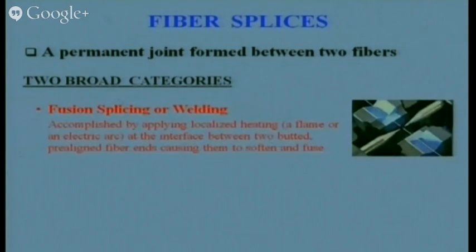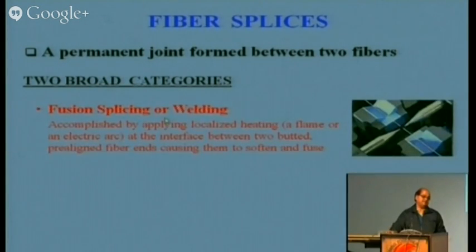One is fusion splicing or welding. In welding, normally in the mechanical process, we heat the two materials, raise the temperature to the fusion temperature or melting temperature, then we press them together. Same is the case in fusion splicing.